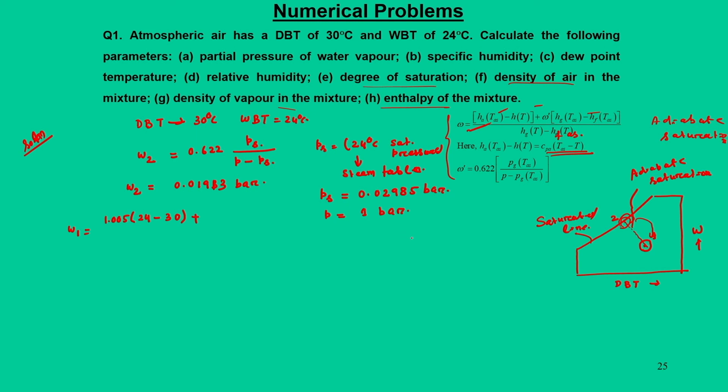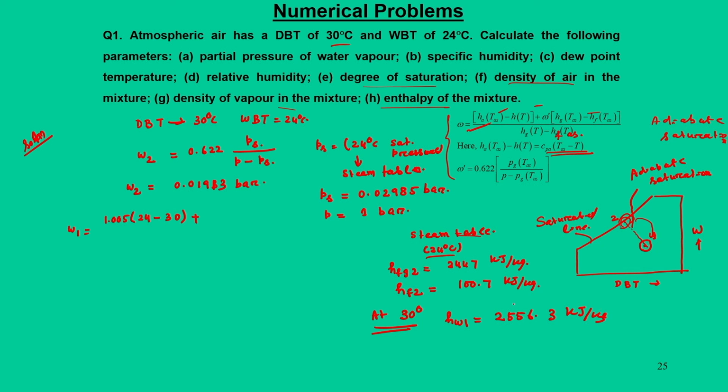For this part we recall omega dash, and from the steam table at 24 degree centigrade we find hfg2 equal to 2447.7 kilojoule per kg, hf2, the enthalpy at liquid state, 100.7 kilojoule per kg, and again at 30 degree centigrade, hw1 as 2556.3 kilojoule per kg.